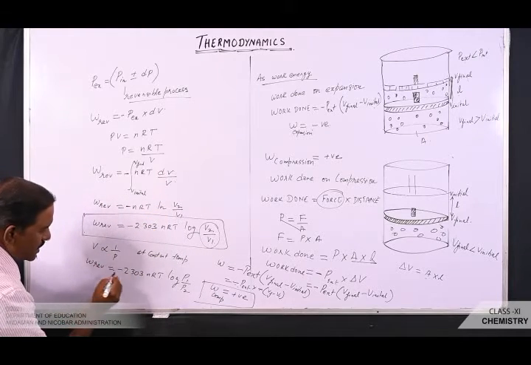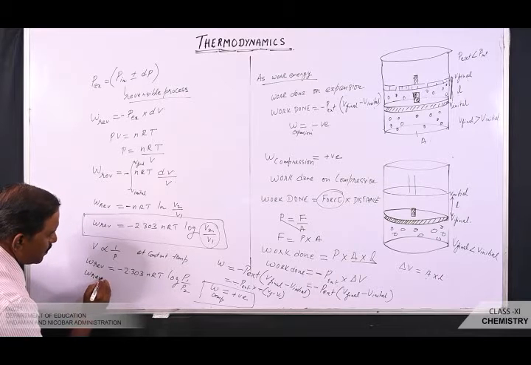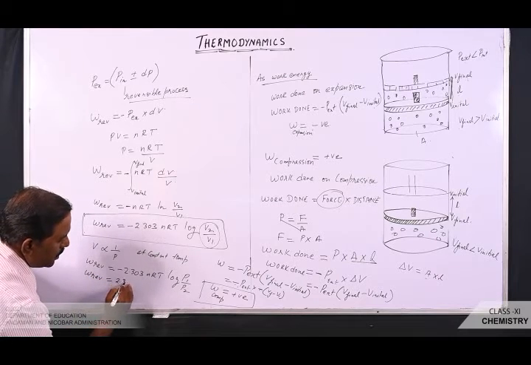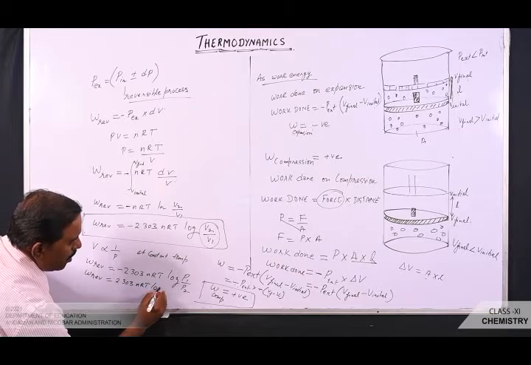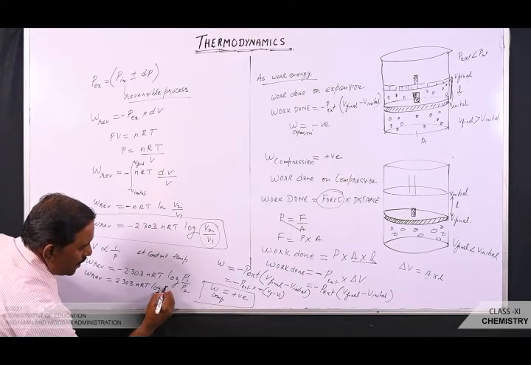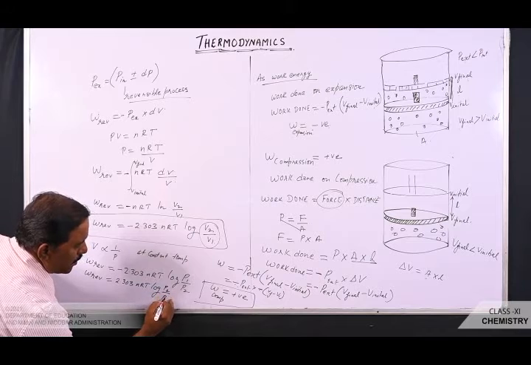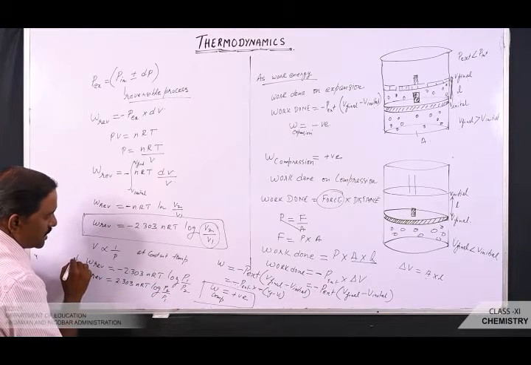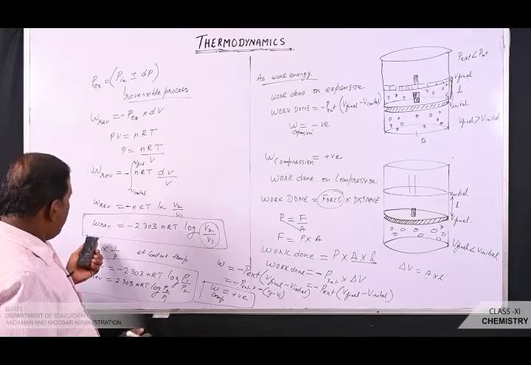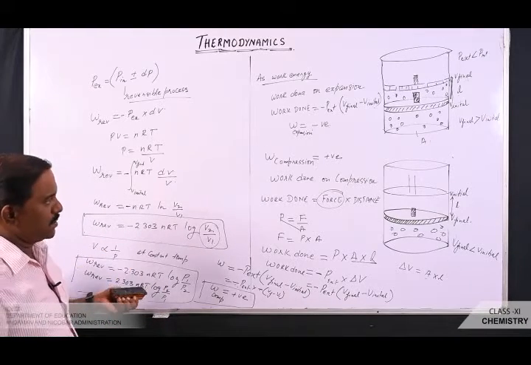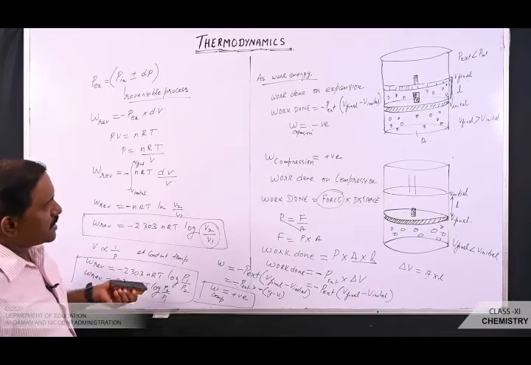So, we can change the sign: W reversible is equal to 2.303 nRT log of P2 by P1. So, this is for isothermal reversible expansion.